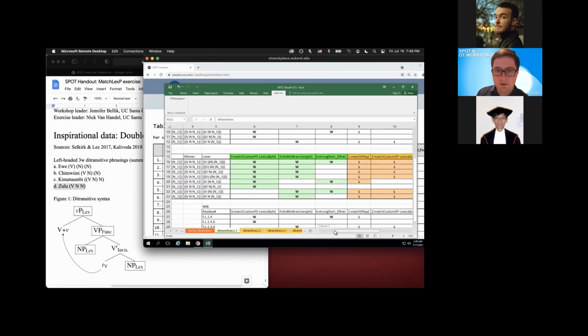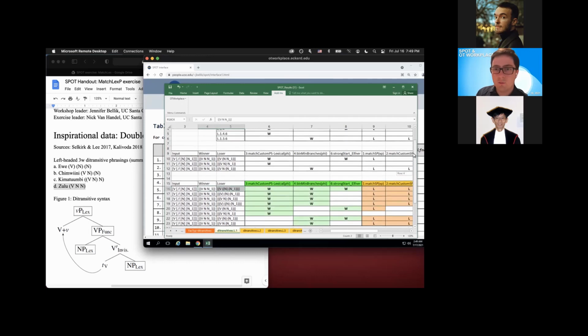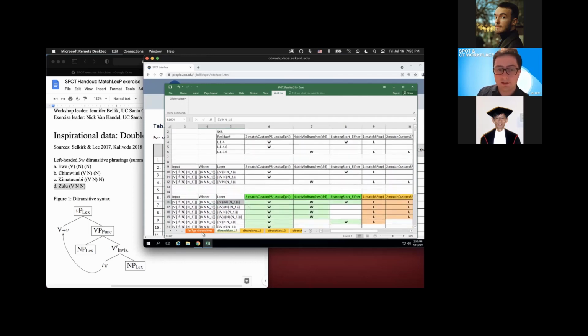So for example, if we compared this winner and this loser, we'd see that matching prosody to syntax will favor the winner, while matching all XPs favors the loser. And so by using this information, we can start to get a sense of what constraint rankings must hold to derive this language.